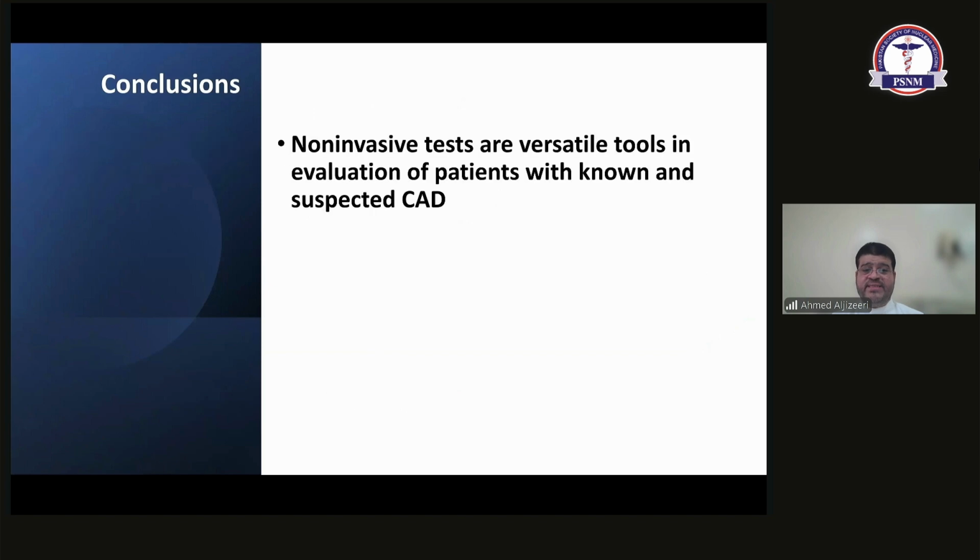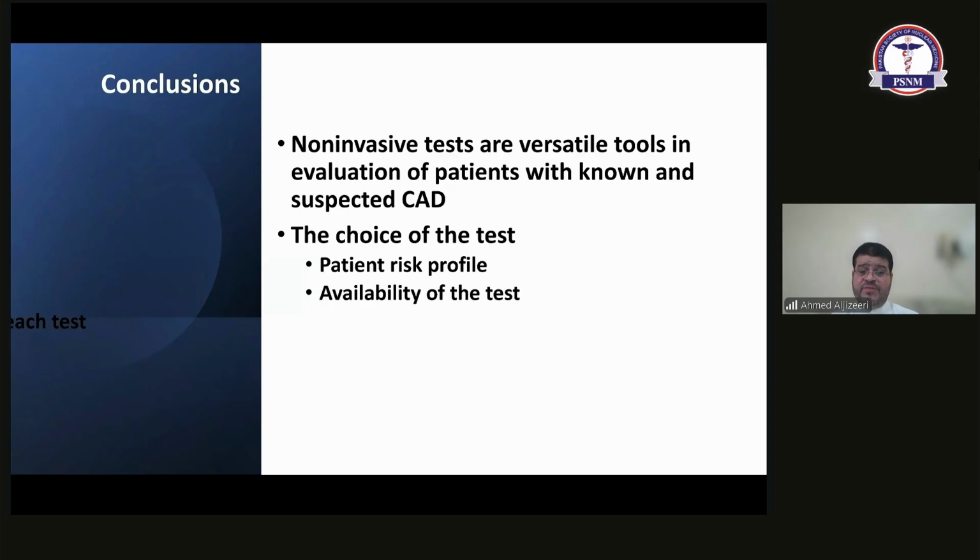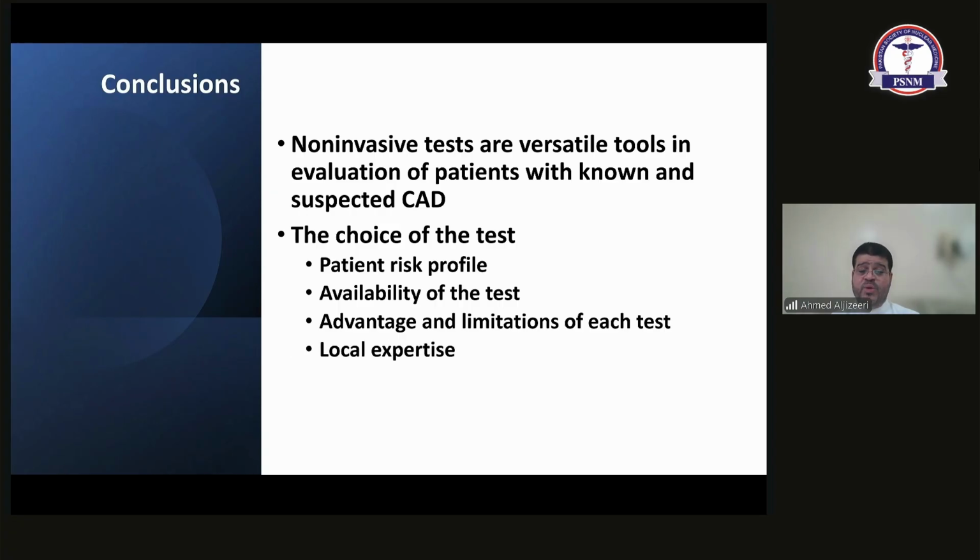So in conclusion, ladies and gentlemen, non-invasive tests are versatile tools in evaluation of patients with known and suspected coronary artery disease. The choice of the test depends on patient profile, availability of the test in your locale, advantages and limitations of each test with regard to patient characteristics, and local expertise.